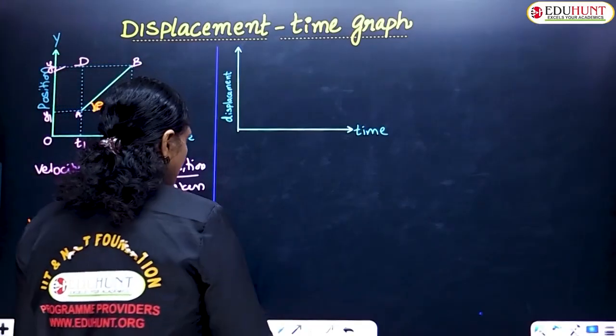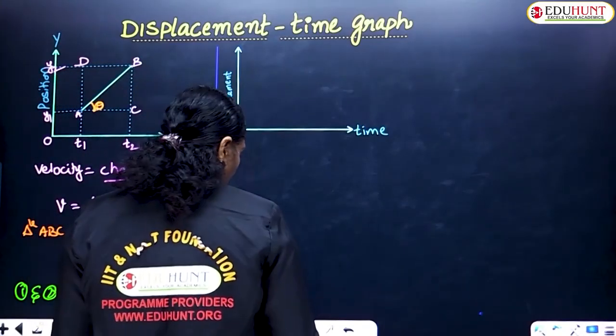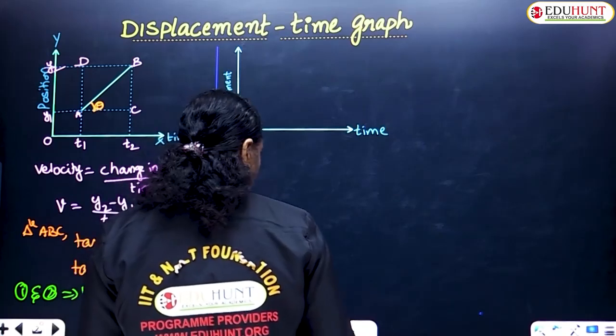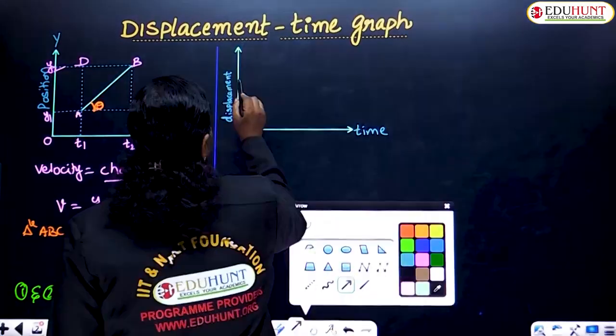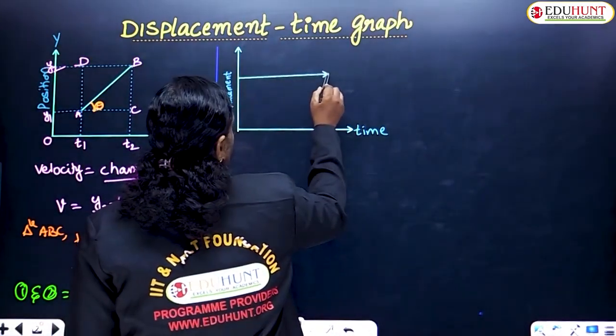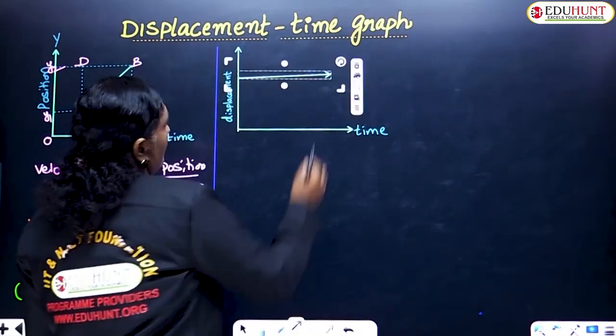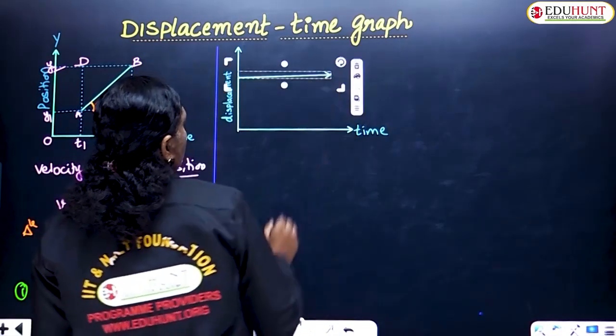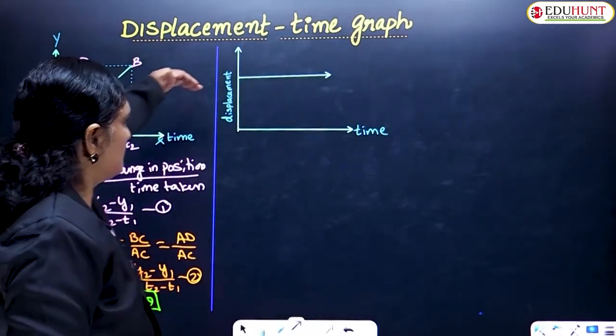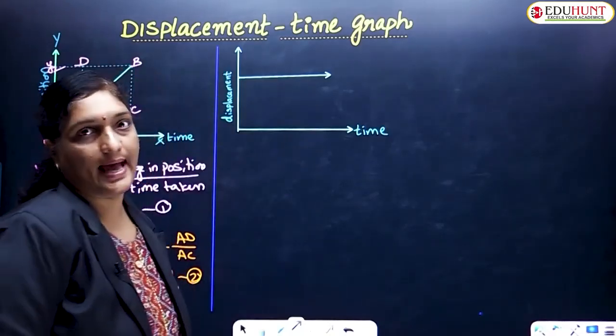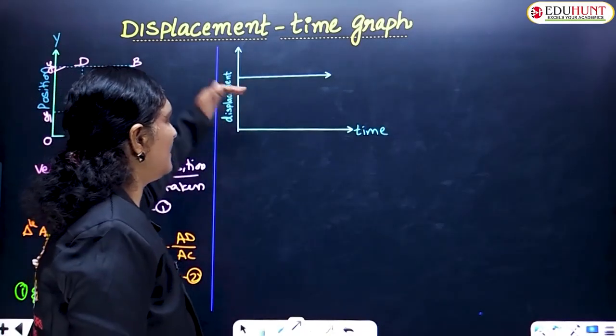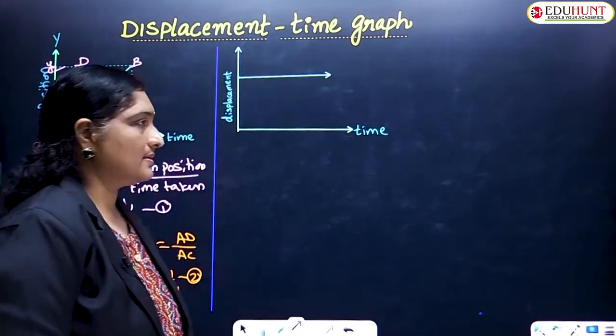Time is always taken on the x-axis. Suppose the graph was something like this. The above figure represents that the graph is parallel to the x-axis.